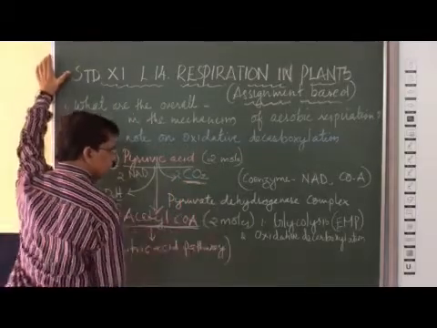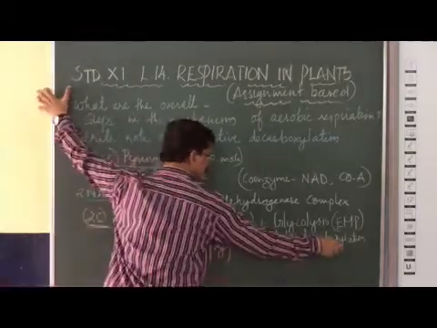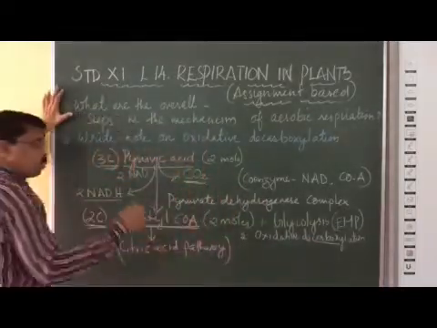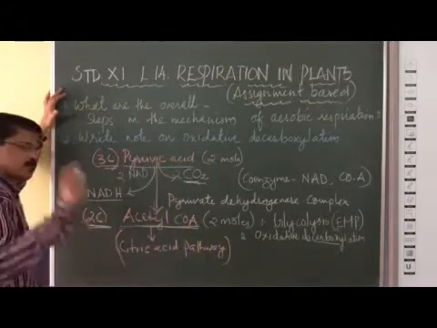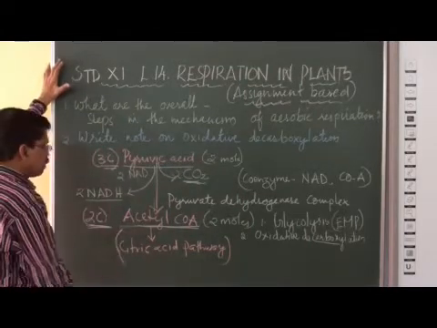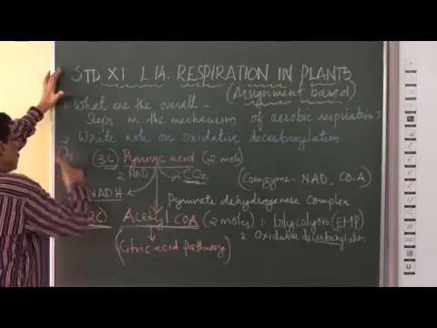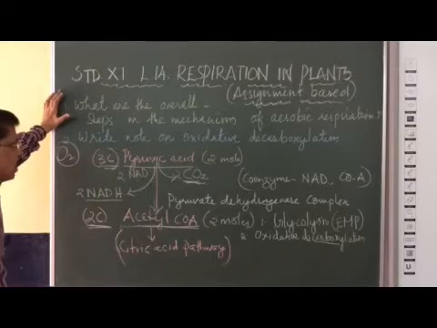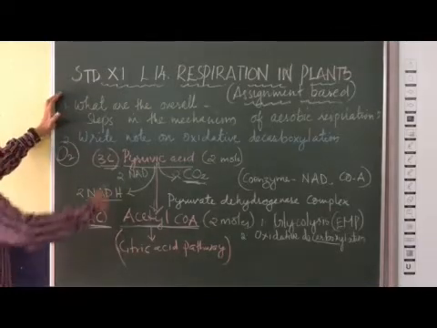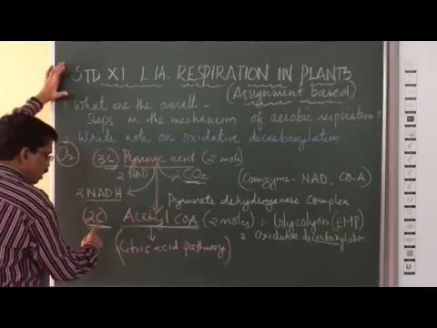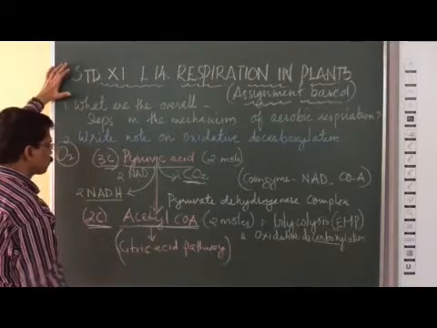Why is it decarboxylation? Because carbon dioxide is released from the pyruvic acid. It is called oxidative decarboxylation because the entire process is driven by oxygen. Even though oxygen is not written here, these processes are controlled by oxygen. And in this reaction, pyruvic acid is converted to acetyl coenzyme, a two carbon compound.